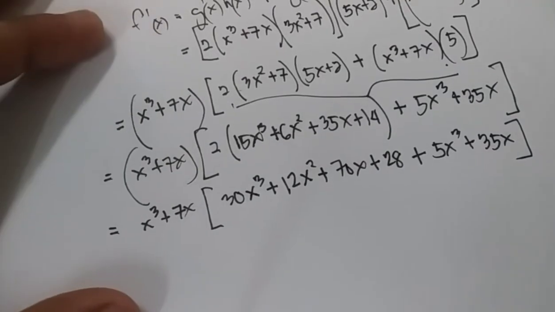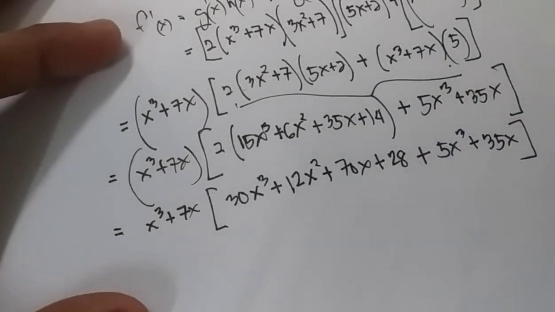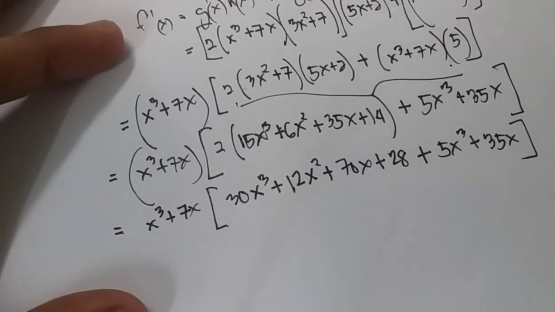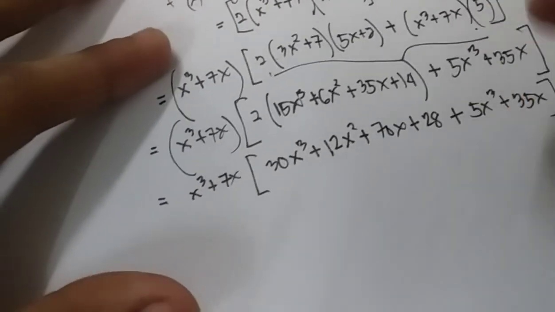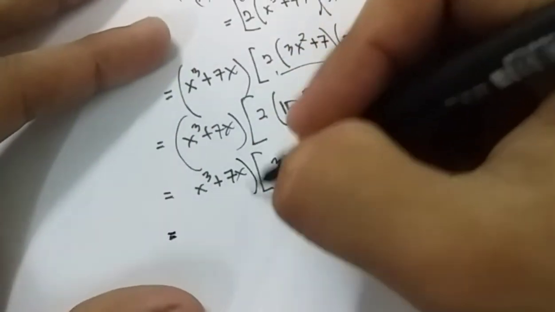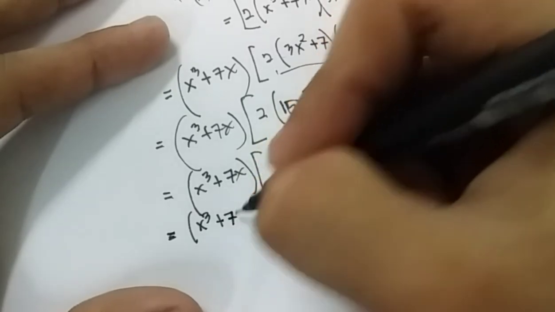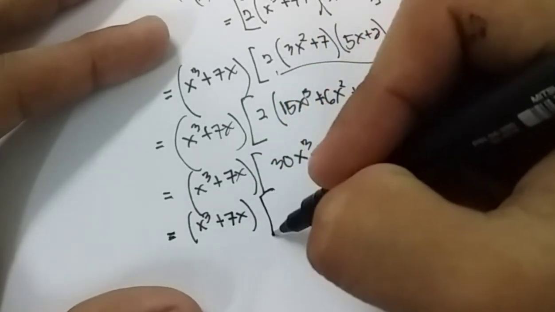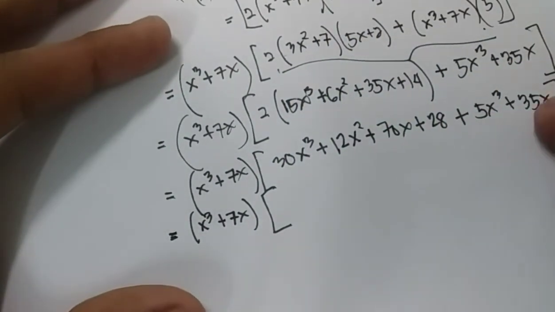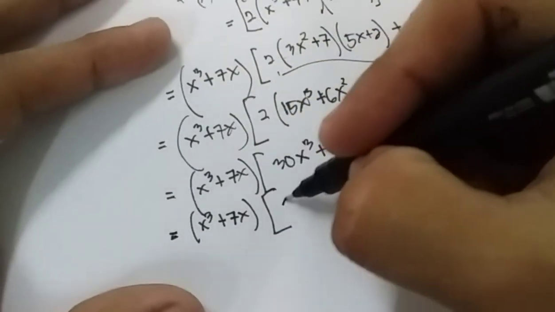After this, we can add the like terms to further simplify our result. So we have x cubed plus 7x. Then for the cubed terms, we can add 5 and 30, so that becomes 35x cubed.